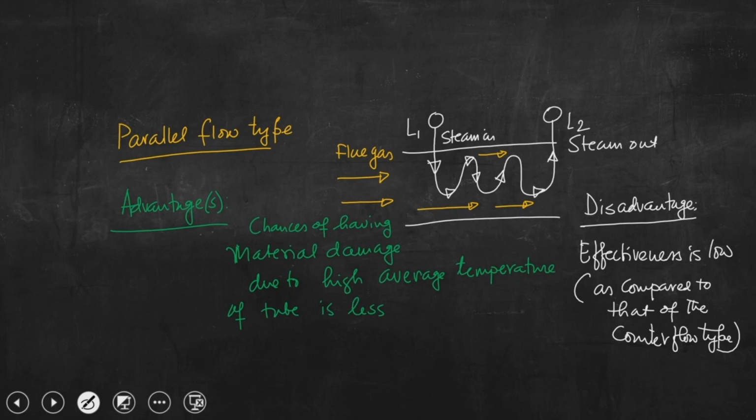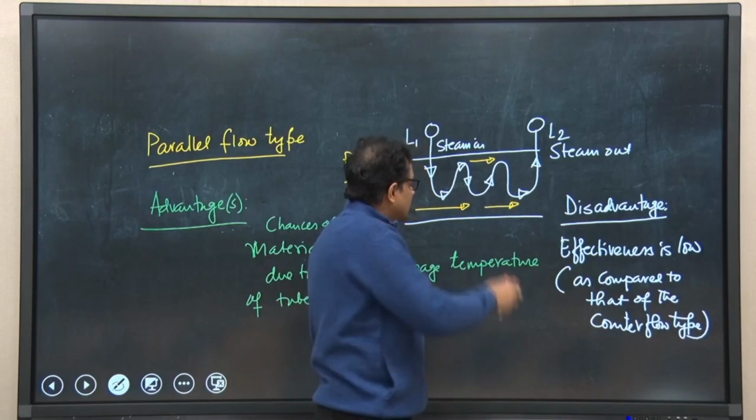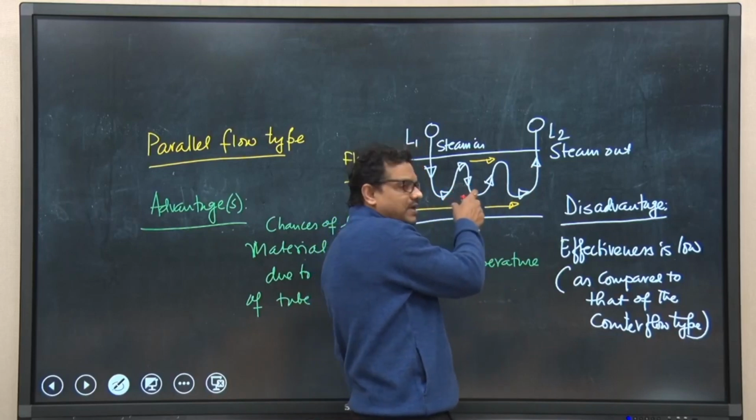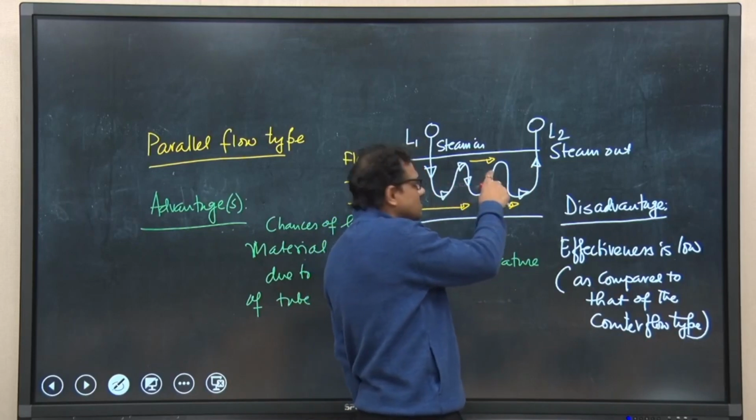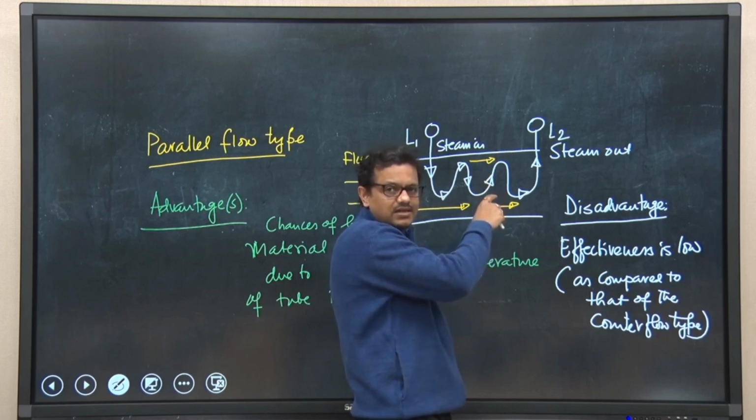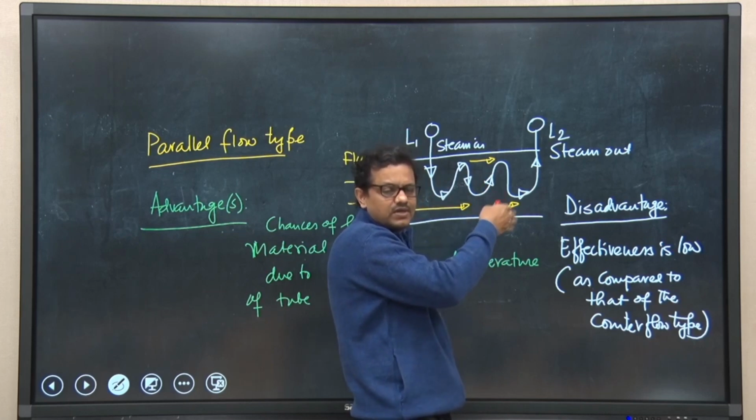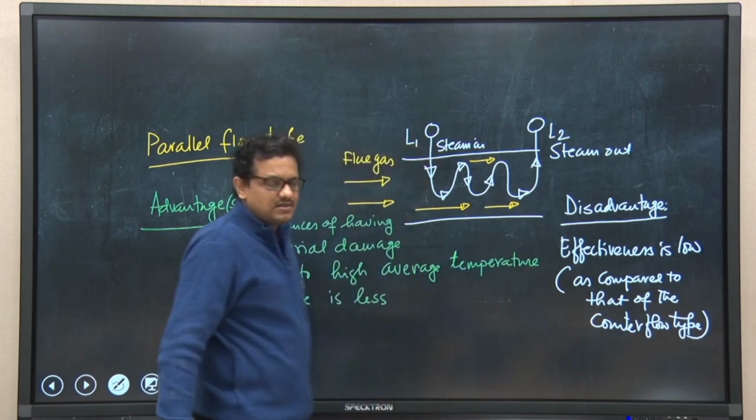Okay. Now, the question is that our objective is to get superheated steam, right. So, when steam is coming at section L2, because these two streams are flowing in the same direction, they will get time to have heat exchange.